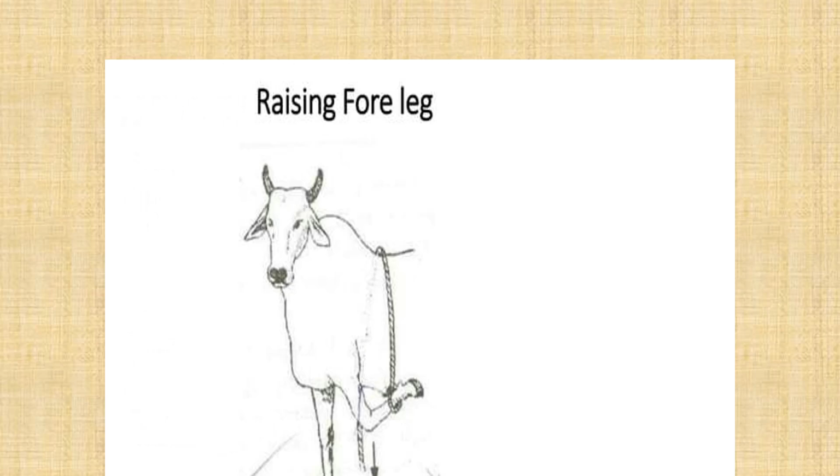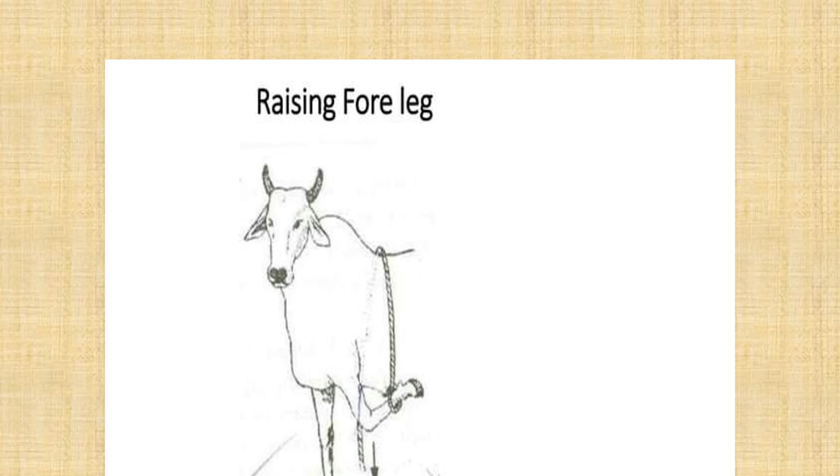Another thing is racing the foreleg, which is also one of the cheapest techniques available for holding a cattle. Here put a knot on the front limb below the tibia and fibula bone.